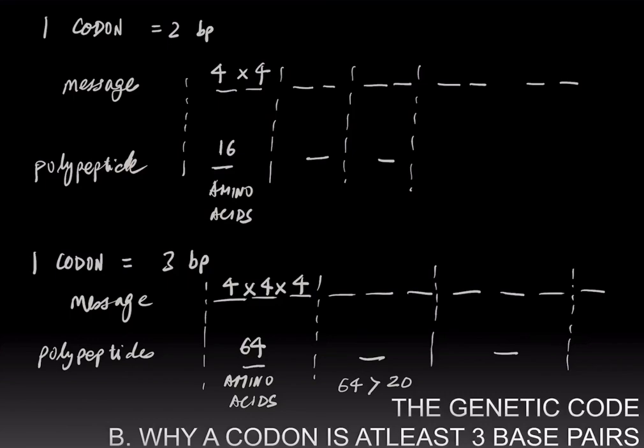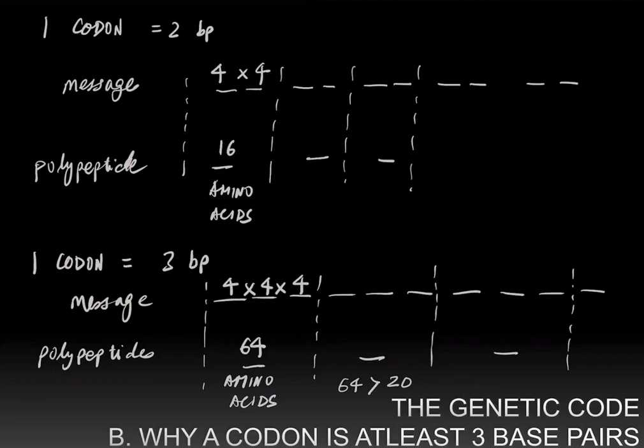Now note, all we have shown is that the codon must be at least 3 base pairs. It could be more. It's certainly possible that a codon is 4 base pairs or 5 base pairs.